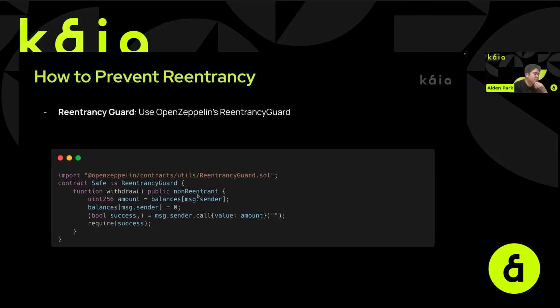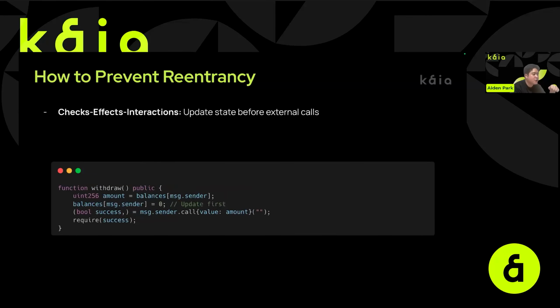It basically sets a flag at the top of the contract, and it prevents re-executing this function by checking the flag before executing the main body of the function.